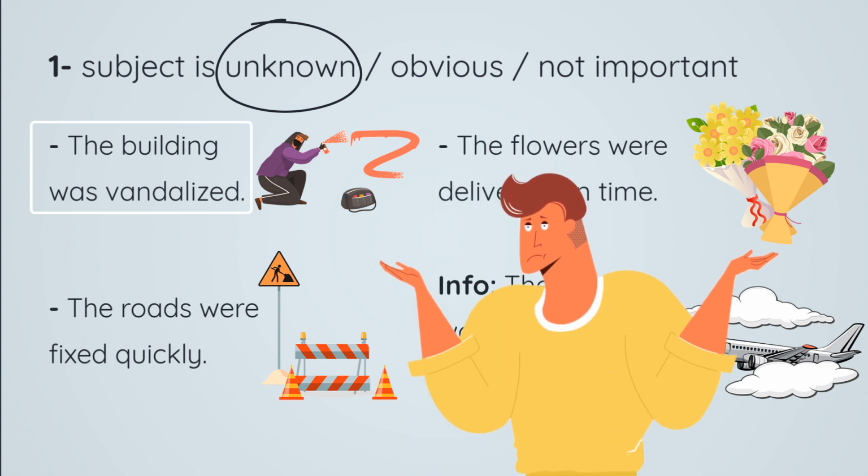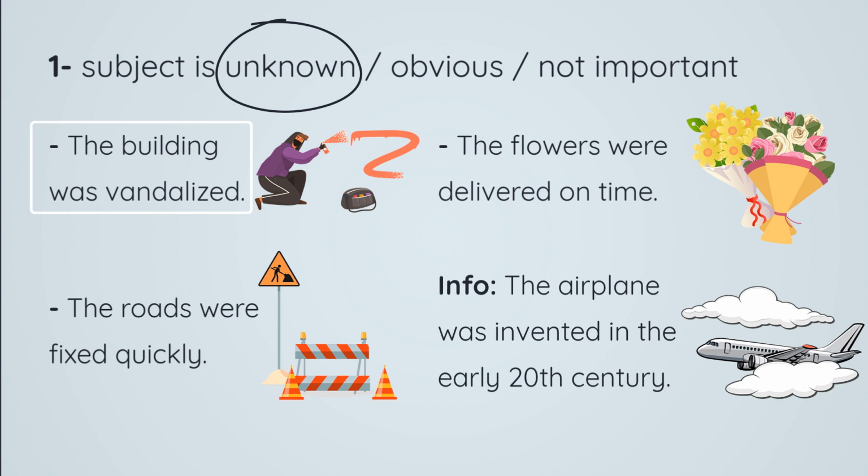We don't know. I could say that vandals did this, but I don't need to say it. That comes from the word, it's obvious. I could say that somebody did this, but why? Better to use the passive and concentrate on the building and what happened to it.